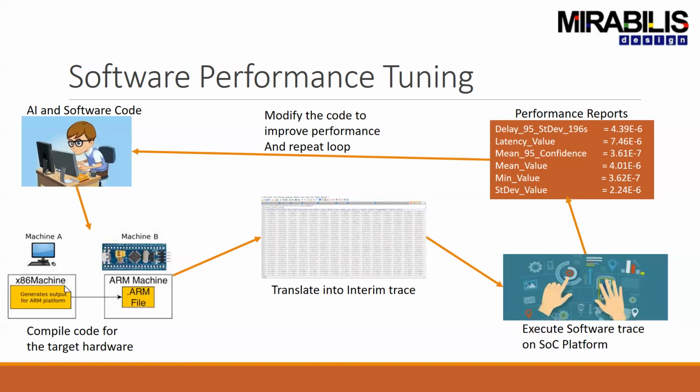So what we would do is update the software code, make some changes in it, and then recompile it for the target architecture. Then we get the traces again, and we repeat the process. So this is a looped procedure where we use a result from the previous stages to get a better result moving forward.